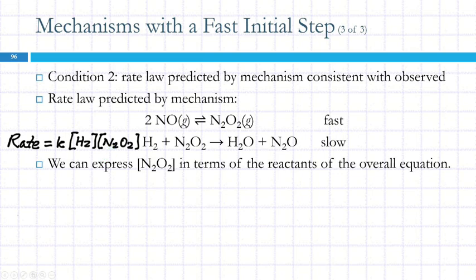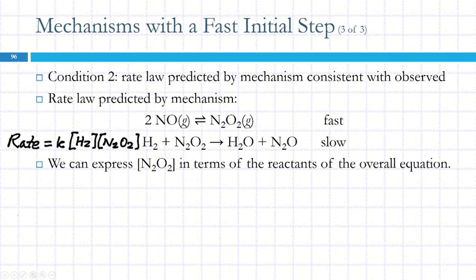So we can't have an intermediate concentration in the rate law. It won't work. But from this first fast step, we can find a relationship where we can express the concentration of N2O2 in terms of the actual reactants.